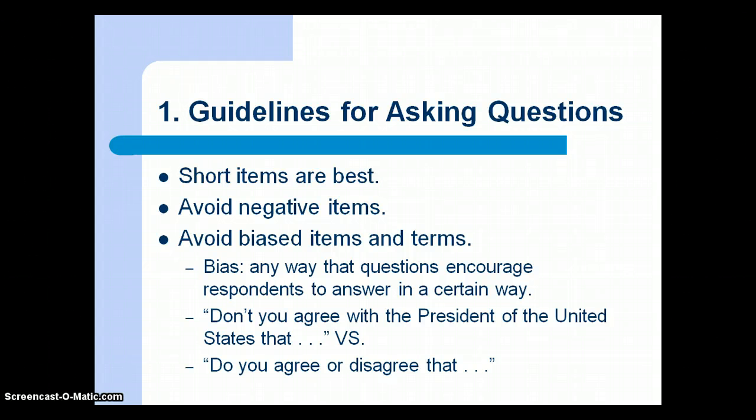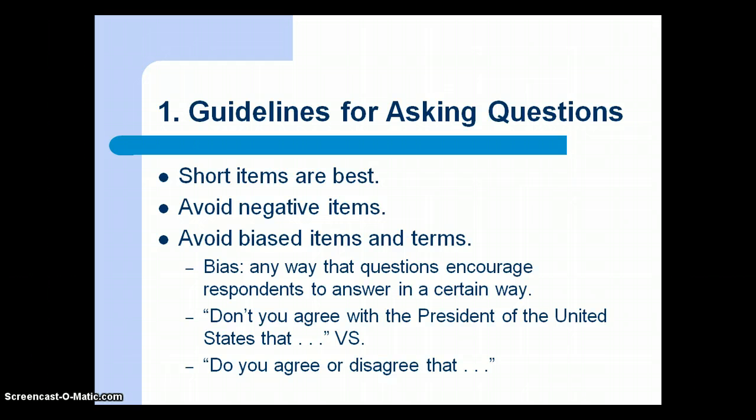Avoid biased items and terms. A bias, of course, is any way that questions encourage respondents to answer in a certain way. It's a leading question. It already presents your opinion in the question. So an example would be, don't you agree with the President of the United States that? That's a leading question. You're already implying that you agree with the President. Maybe your respondent doesn't.